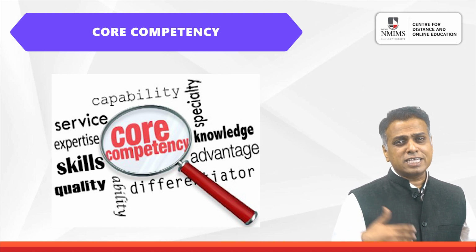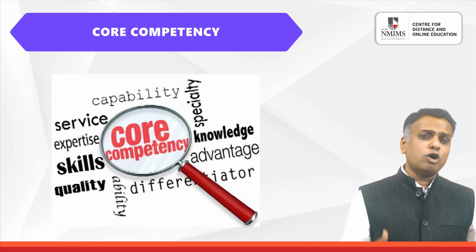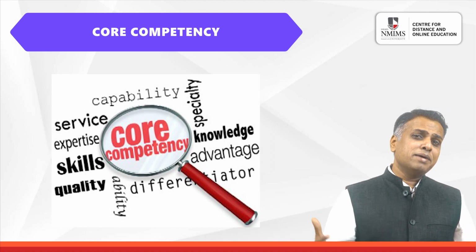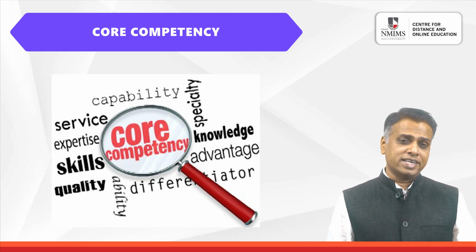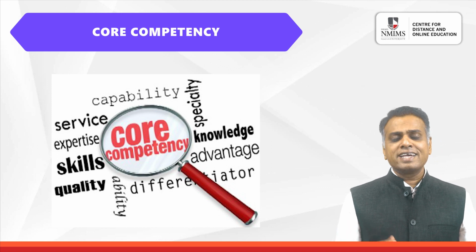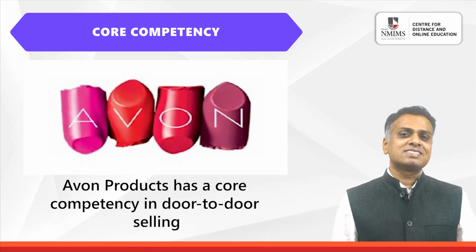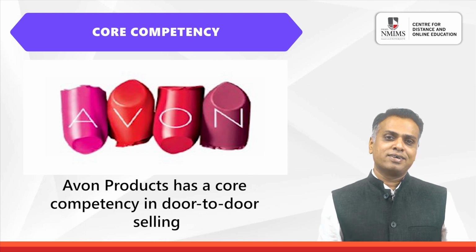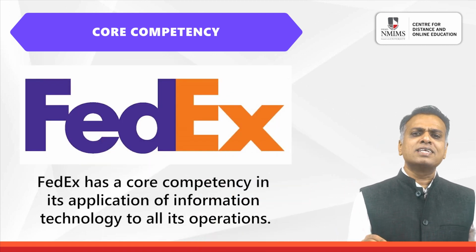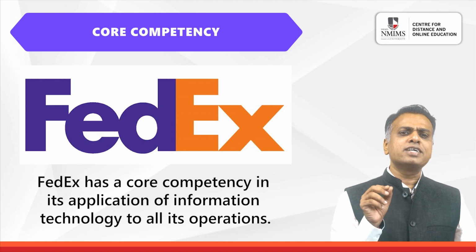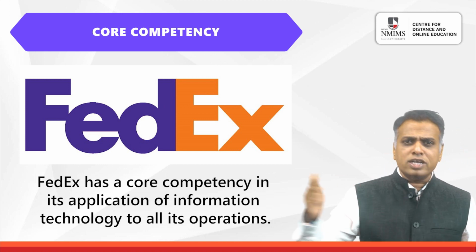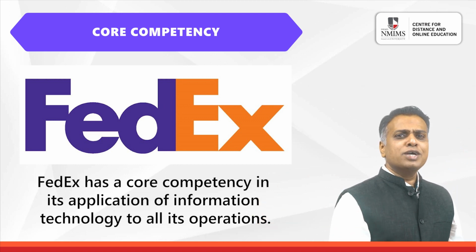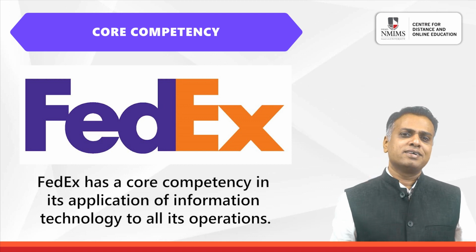They become the expert, and no other companies are able to create what you have created. Let's take an example. Avon Products has a core competency in door-to-door selling. FedEx's core competency lies in applying information technology across all its operations. Whatever they do, they will have technology.